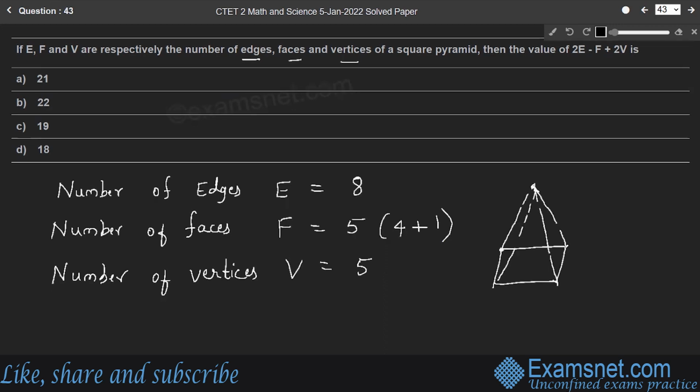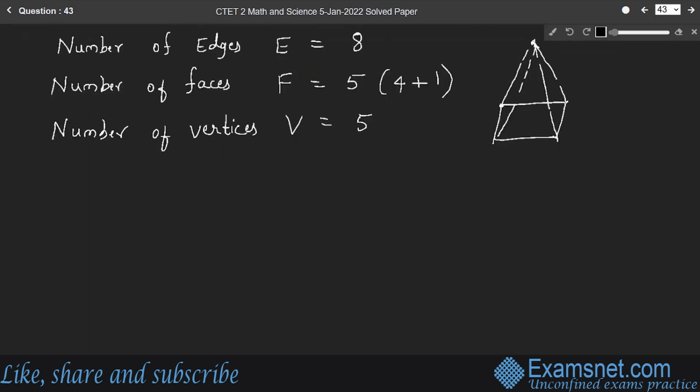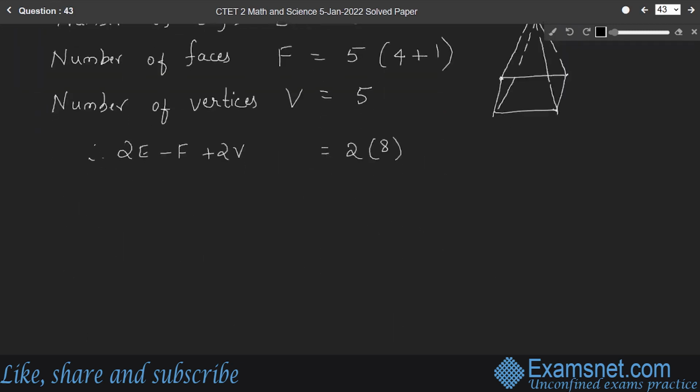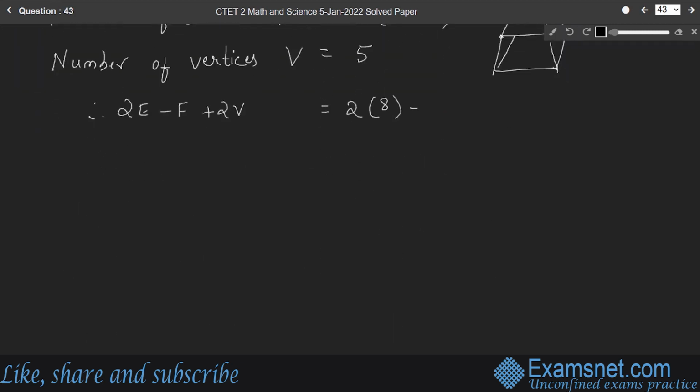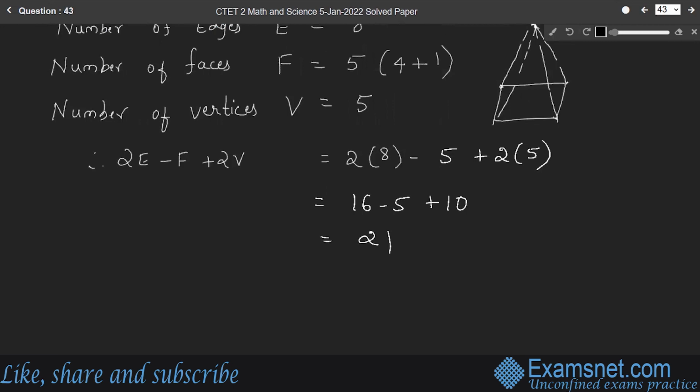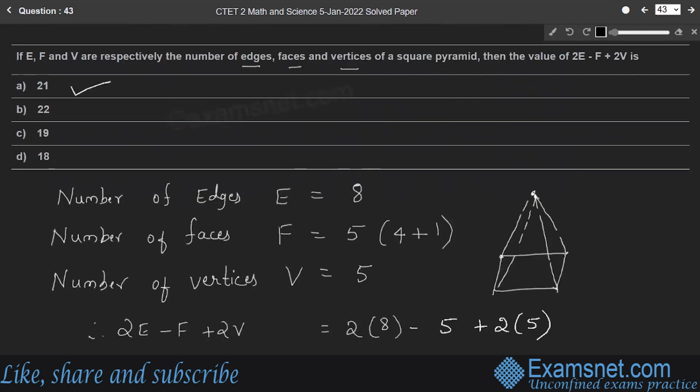So therefore 2E minus F plus 2V is equal to 2 into number of edges 8, minus F, which is 5, plus 2 into V, which is also 5. 16 minus 5 plus 10 is equal to 21. Therefore, the answer is option A.